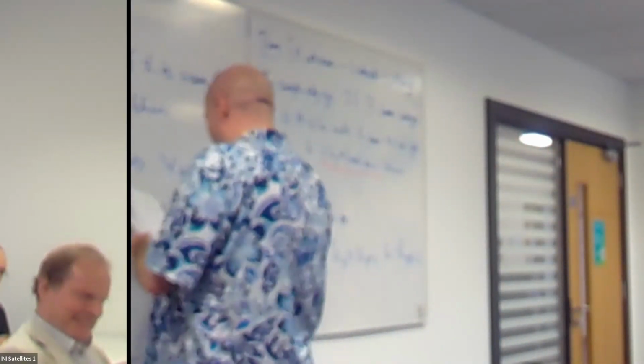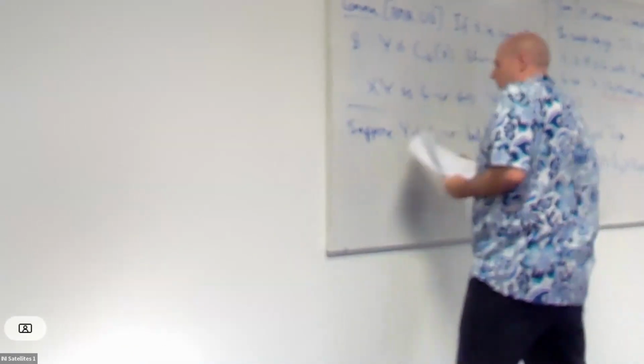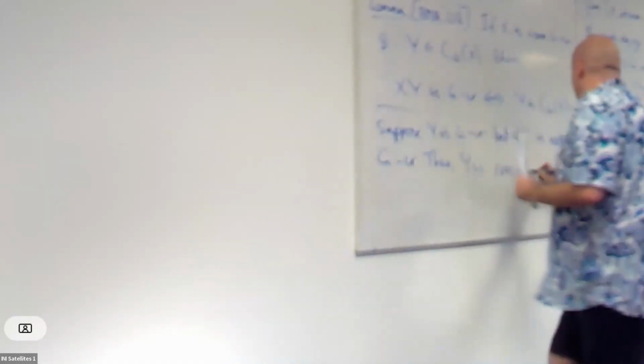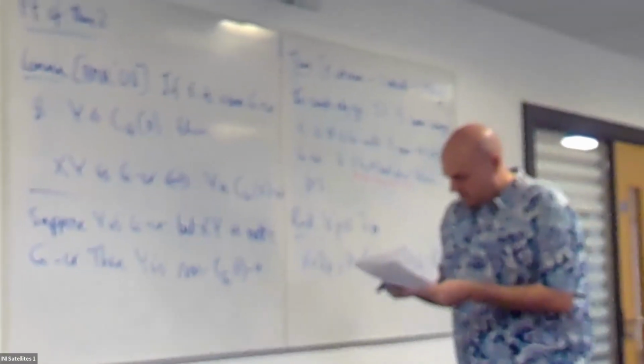Right, so suppose Y is G-CR, but XY is non-G-CR. Then Y is non-C_G(X)-CR, thanks to this if and only if statement by the lemma.